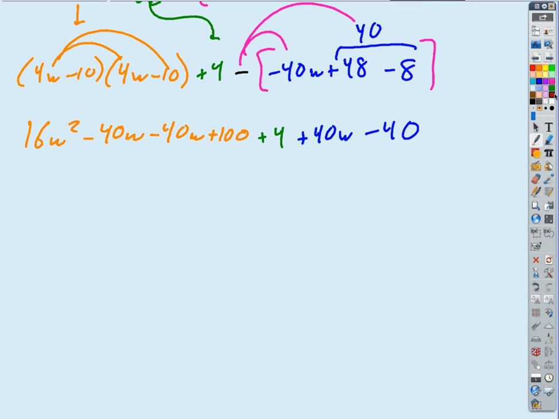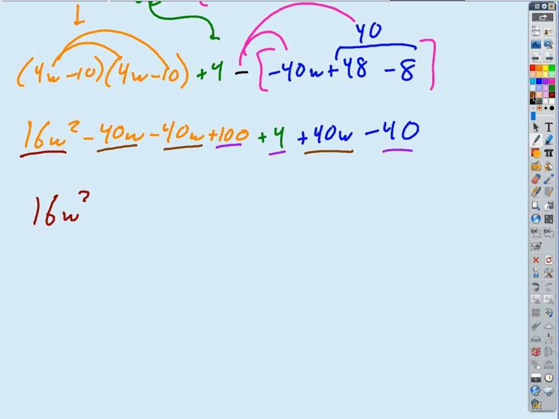So let's just highlight the like terms. We've only got one of those. How many w's do I have? I've got a w there, a w there, a w there, and then I need a new color here. What haven't I done? We'll do purple. And then I've got just constants I can add up, right? So when all the dust settles here, I get a 16w squared.